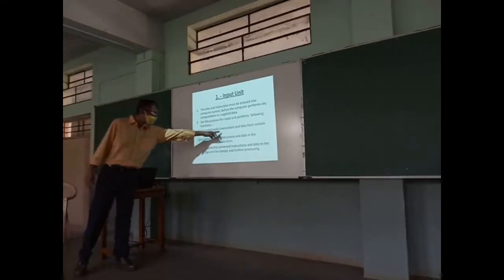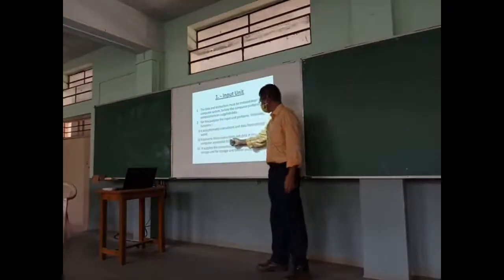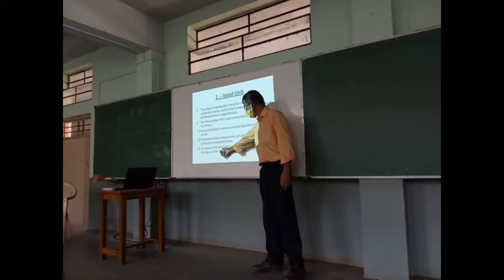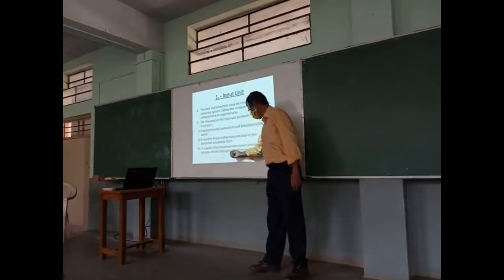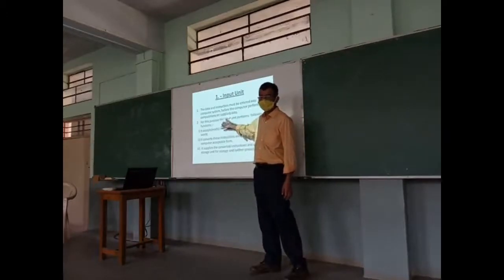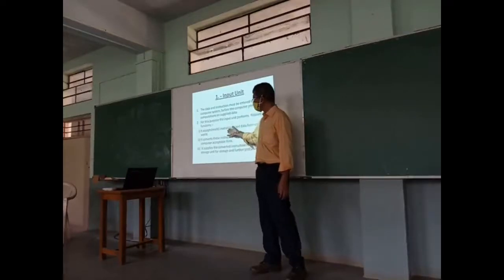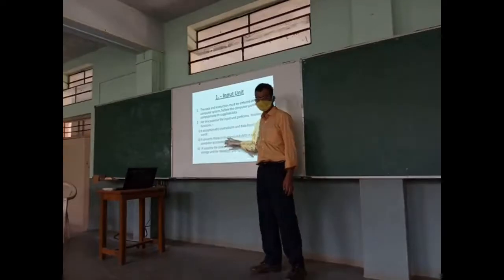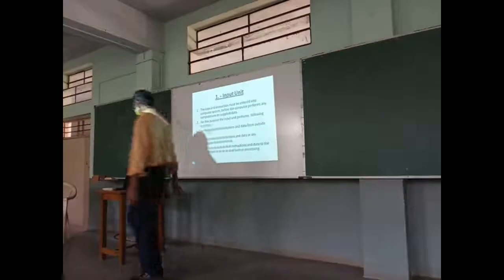First, it accepts instructions and data from the outside world, converts these instructions and data into computer acceptable form, and supplies the converted instructions and data to the storage unit for storage and further processing. So all this you have studied as part of the block diagram. The input is nothing but the instructions and the data. These are converted into machine understandable form, and these are stored in the storage unit.